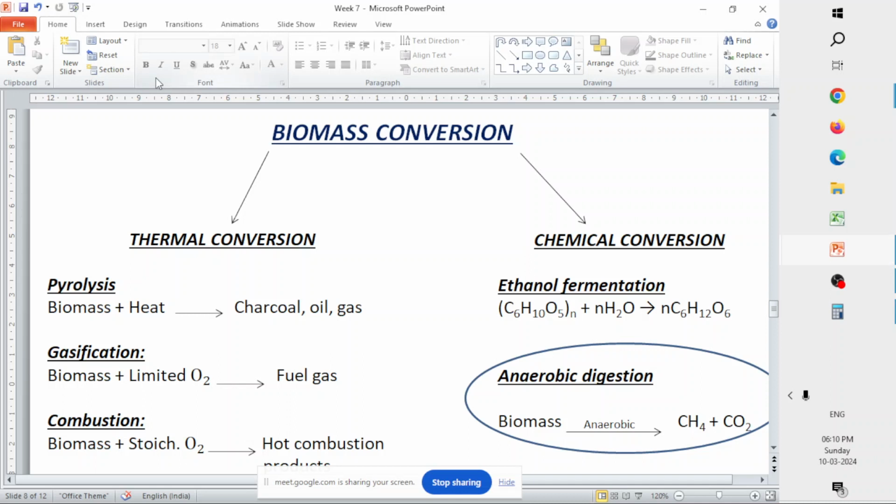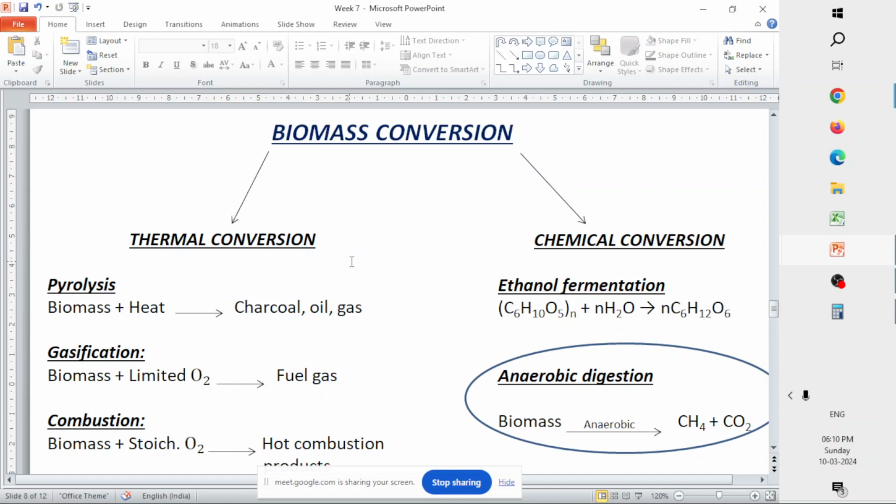So next we come towards what is known as biomass conversion. Usually we have two different types of conversion. One is thermal conversion and another one is chemical conversion. In thermal conversion, you burn the biomass sample either in an inert atmosphere, or with limited oxygen, or with stoichiometric oxygen, and then you generate heat out of that process which you will use for your other applications.